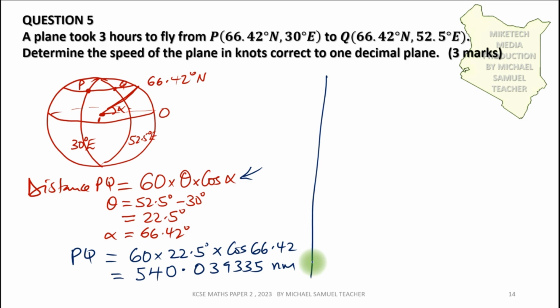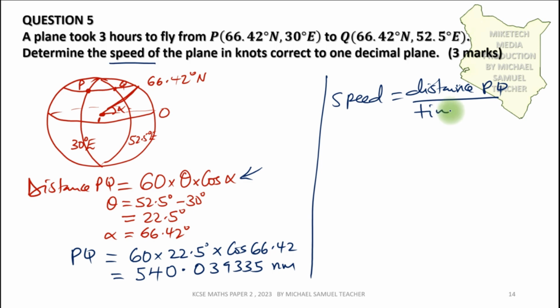Therefore, the question requires that we get the speed of the plane. Therefore, speed is given by the distance PQ divided by the time taken from P to Q. So the distance PQ, which is 540.039335 nautical miles, divided by the time it took, 3 hours.